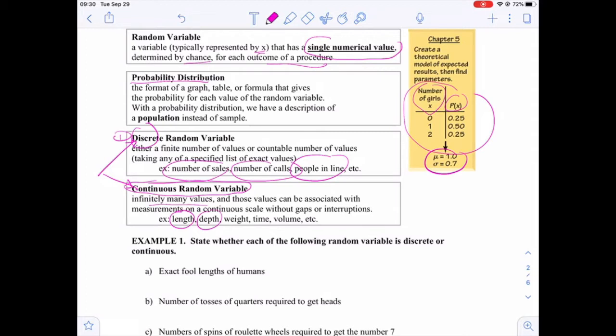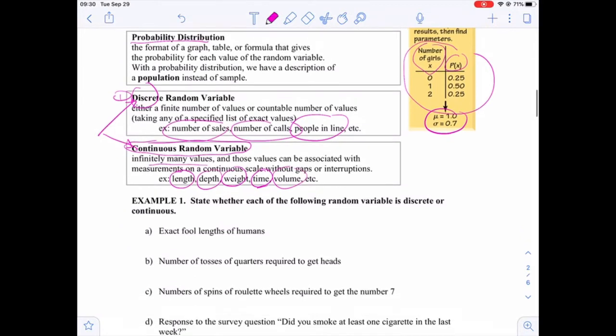So this accepts fractions, and that type of random variable is called continuous. Also weights, time, like 2.5 or 13 minutes, and volumes. All these are continuous random variables.